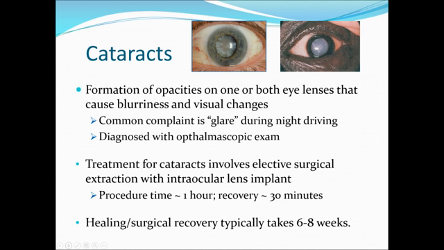The procedure takes usually no more than an hour. The recovery time in PACU is about 30 minutes. It's a day surgery. Their healing and surgical recovery typically take about 6 to 8 weeks, until they're really seeing the full extent, the final best vision that they'll have after the surgery.